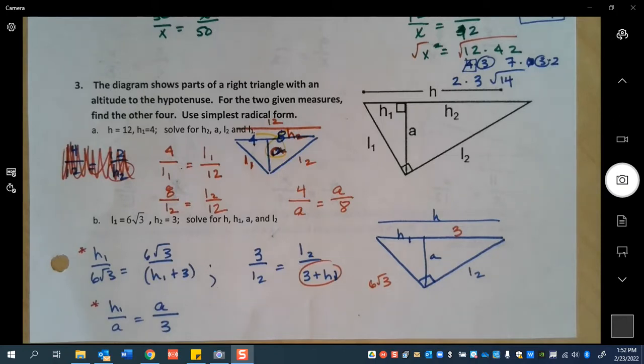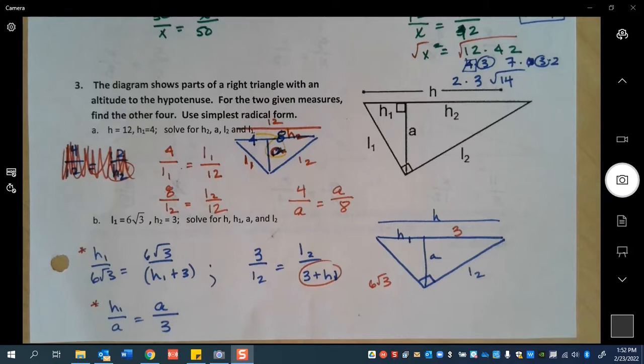So for our first triangle, I know that my hypotenuse is 12. The first piece is 4. I can figure out the second piece is 8 super fast. So this first leg is the geometric mean between the piece that is touching and the whole.